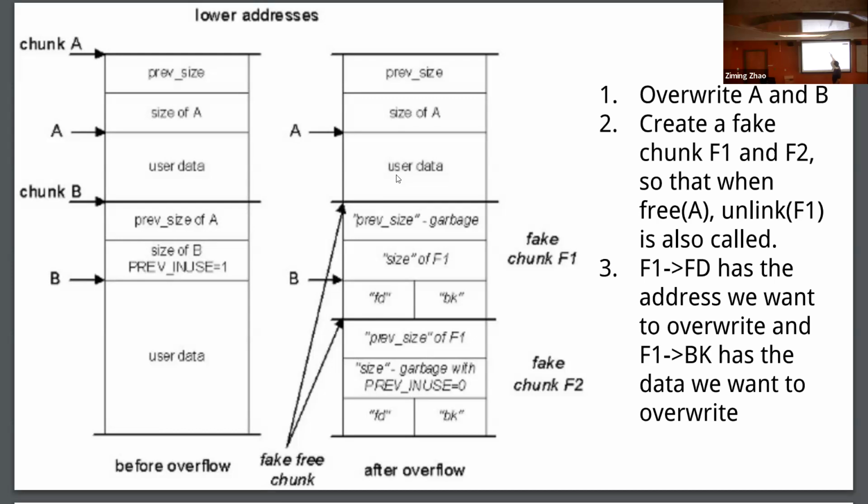malloc may realize that the next chunk is also a freed one. This is not tcache. Then malloc will try to merge them into a bigger chunk. The whole thing will become one bigger chunk.